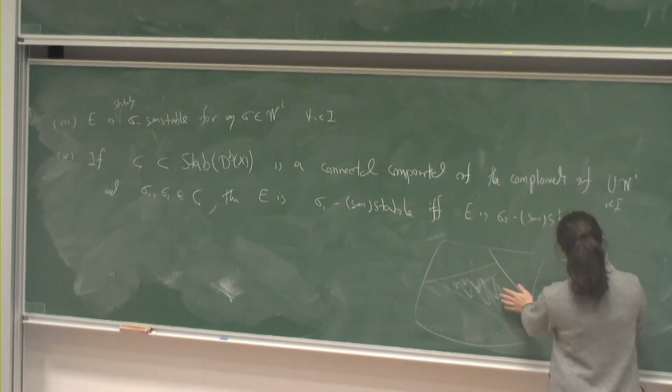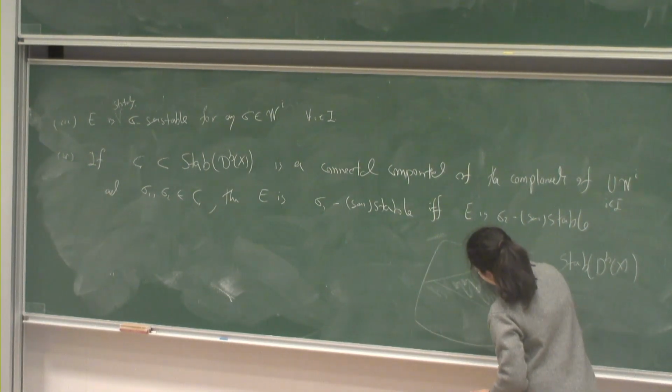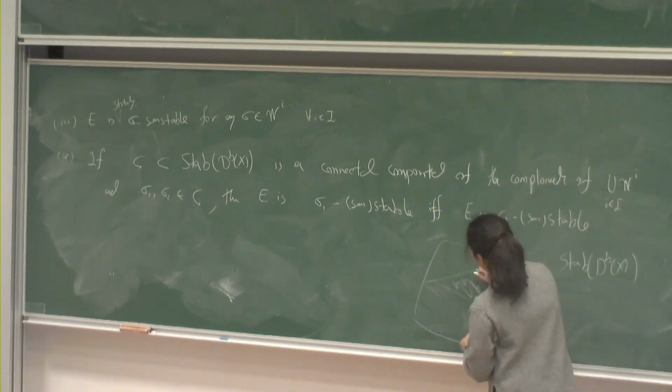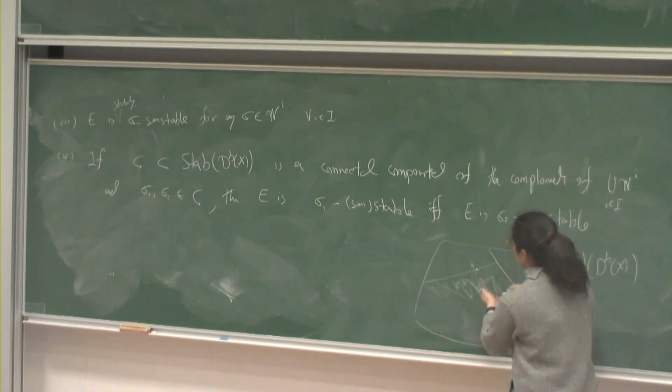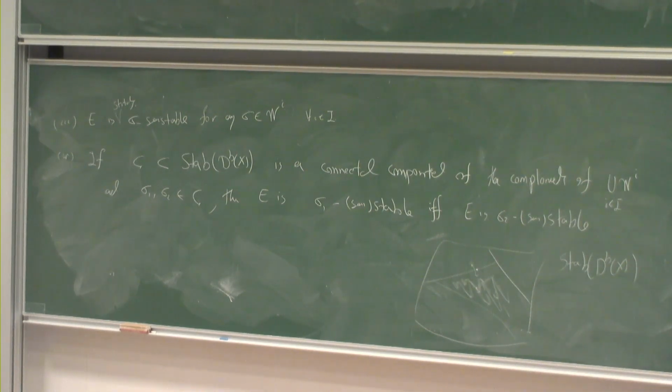This is just a two-dimensional slice of that. But my object E is strictly semi-stable along the walls, so it switches from stability to instability or vice versa whenever I cross one of these walls.